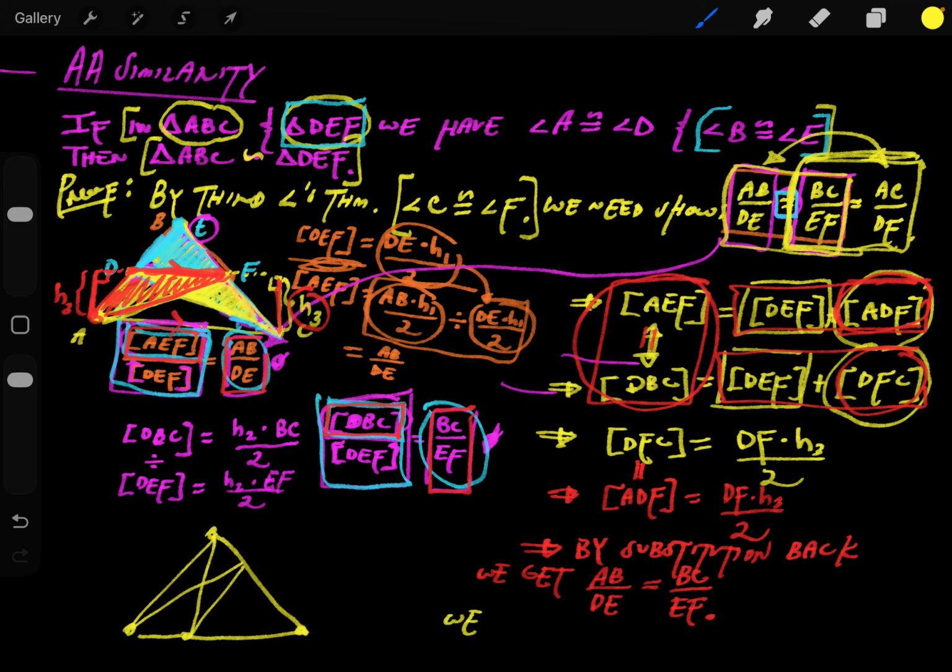We can make a symmetric argument to show the other equality.